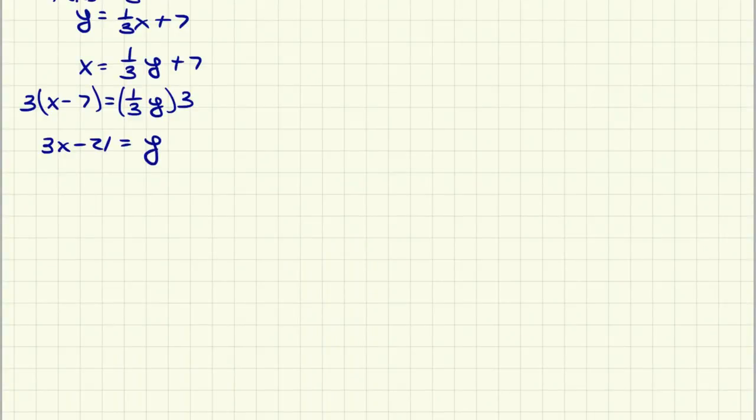Let's put it back into slope-intercept form: y equals 3x minus 21. So my inverse function, f negative 1 of x, equals 3x minus 21.